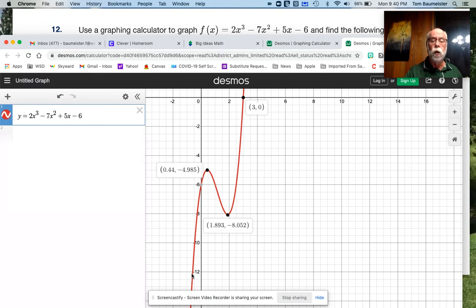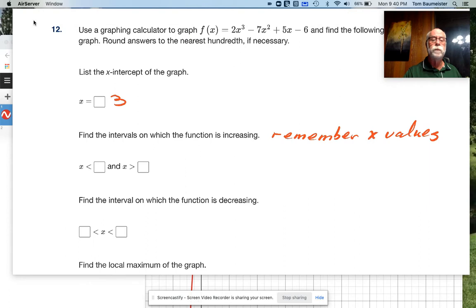So I'm going up, and I'm going up until right there, all right? So all of that is less than 0.44. So you're going to tell me it's less than 0.44. And I don't think you'll have to put the 0 there. Maybe you should, just to be safe.